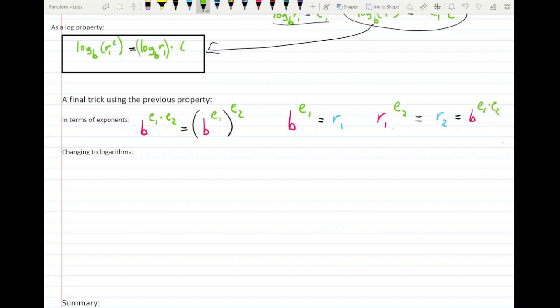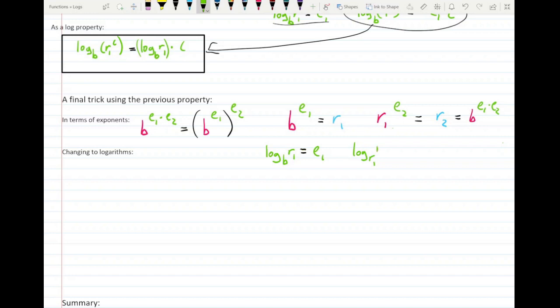Now this lets us write down three different logarithm expressions. For the first equality, we have log base b of r1 is equal to e1. For the second one, we have log base r1 this time, because r1 is our new base.